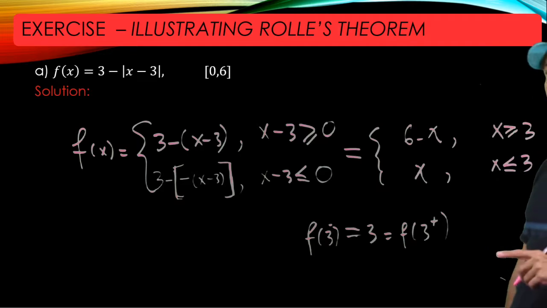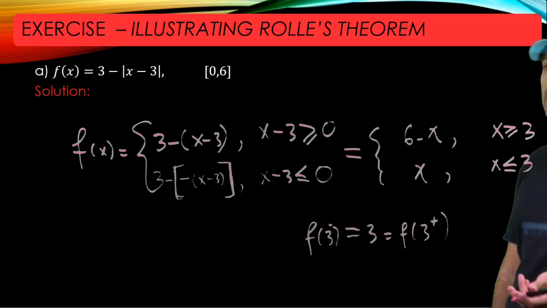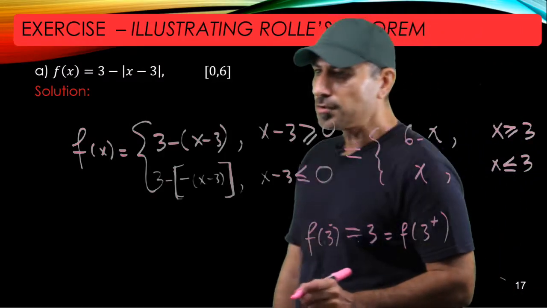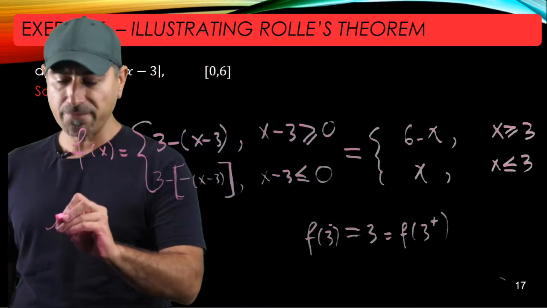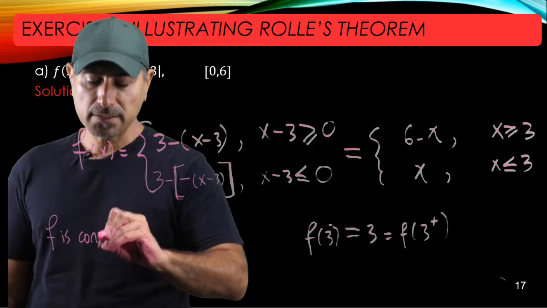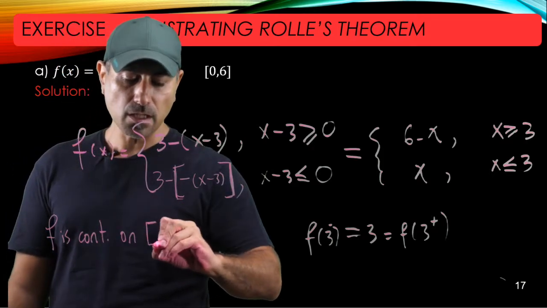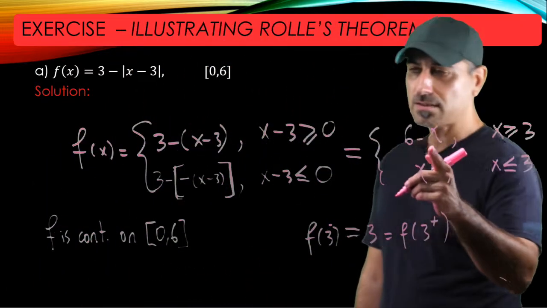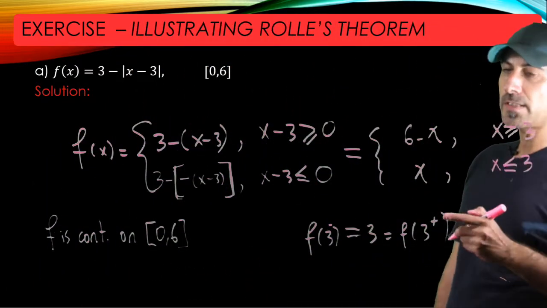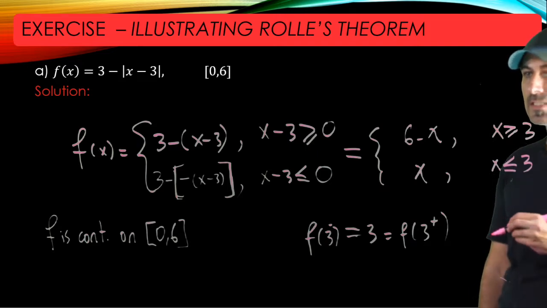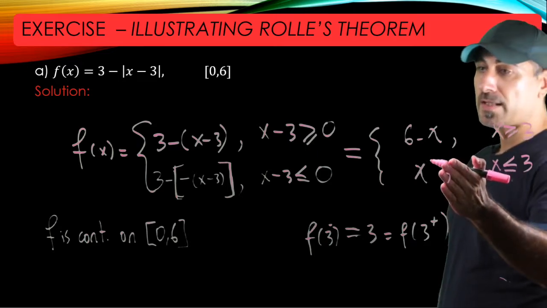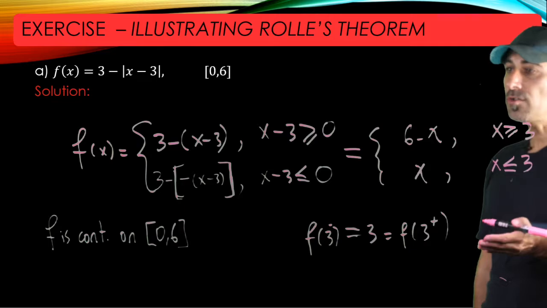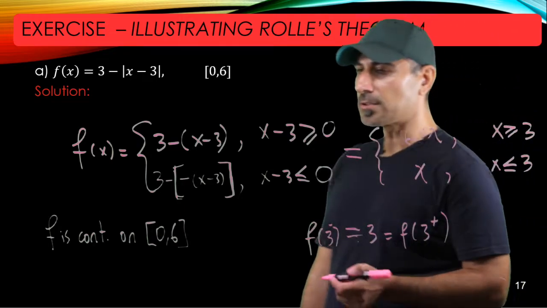In other words, at the junction point, f is continuous. That's good news. So here is the first conclusion: f is continuous on the closed interval 0, 6, because each piece is continuous, and at the junction point the limit values are exactly the same, which is equal to the function value.